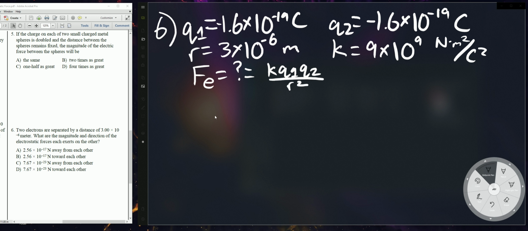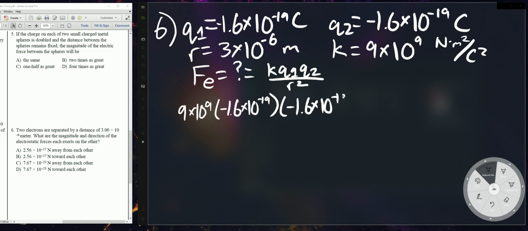Now we're just going to plug all our numbers in. K is 9 times 10 to the 9, Q1 is negative 1.6 times 10 to the negative 19, the second charge is the same exact charge, over 3 times 10 to the negative 6 squared.